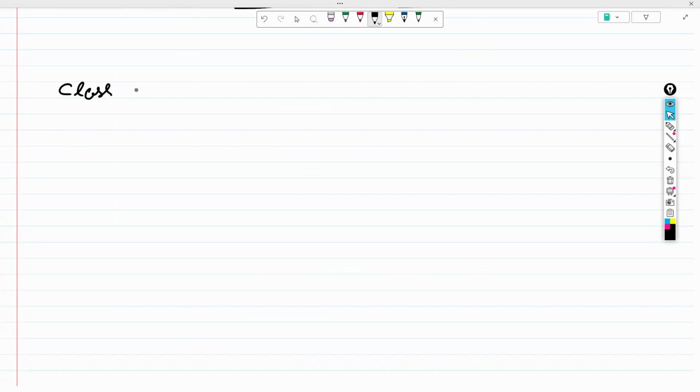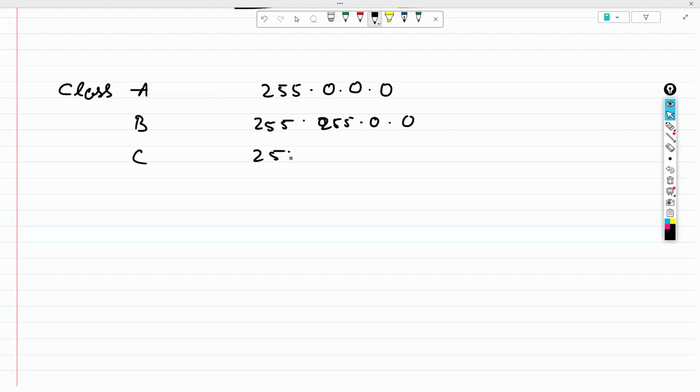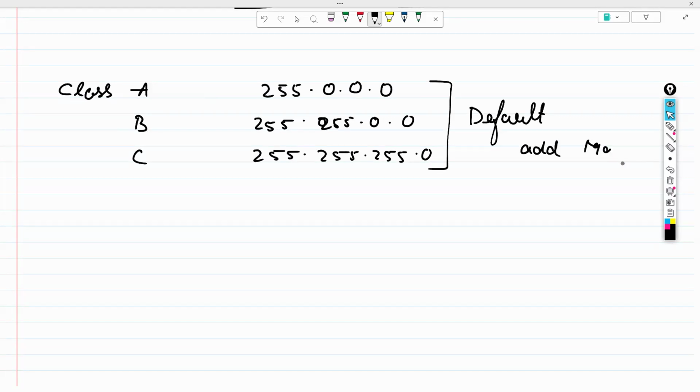Class A, class B, class C, and their address masks: 255.0.0.0, 255.255.0.0, 255.255.255.0. These are called the default address masks for each of these classes.